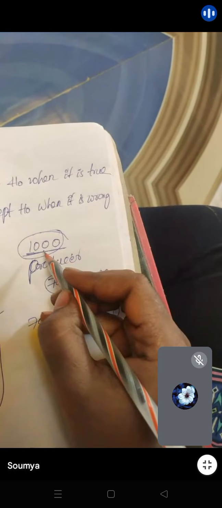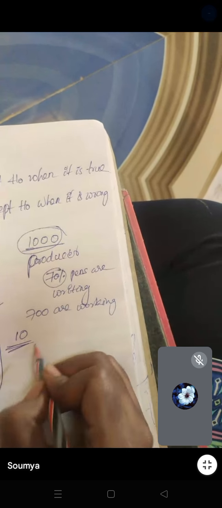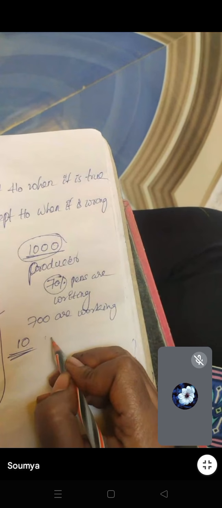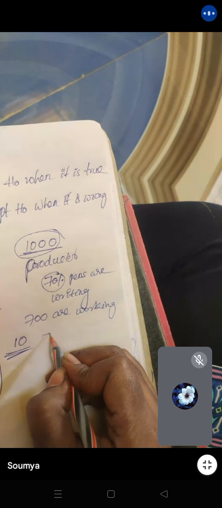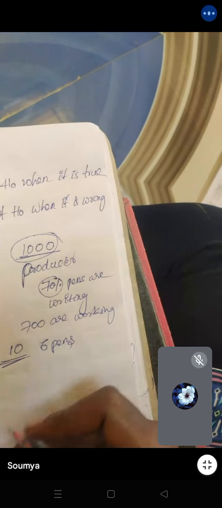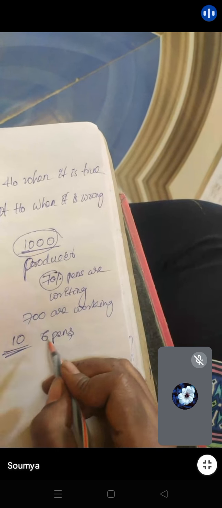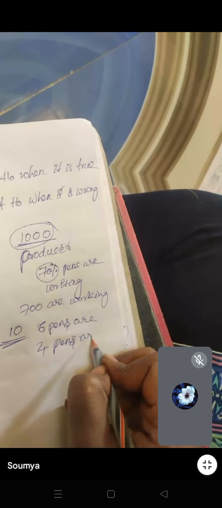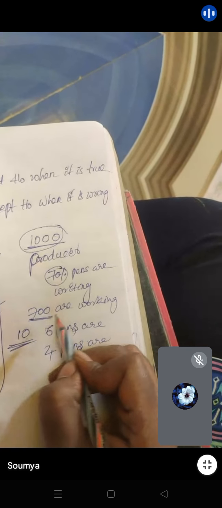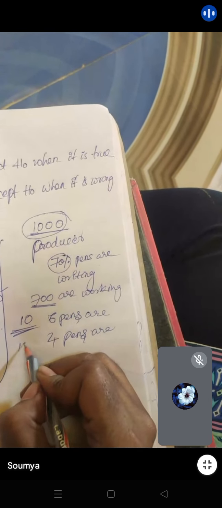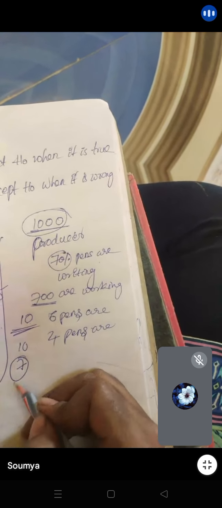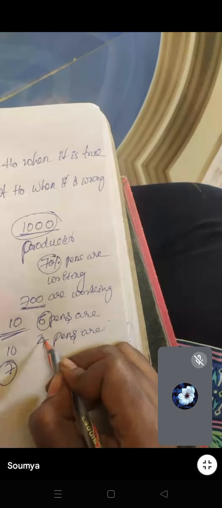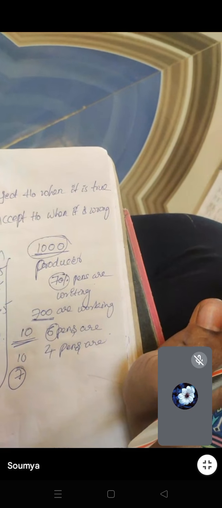For checking purposes, I am taking 10 pens. Suppose 6 pens are writing and 4 are not. What will I do? He claimed 70%, so if I take 10, 7 must write. But here only 6 are writing. So I will reject the 1000 pens.